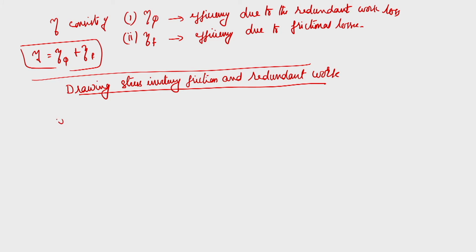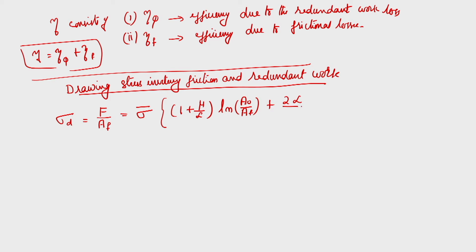One of the expressions which has been widely accepted is by Sieber, where the draw stress sigma d, which is nothing but the total force by the final cross sectional area, is expressed in terms of the mean flow stress in this way. It is equal to 1 plus mu by alpha into log A naught by A f, which is 1 by 1 minus r, plus 2 alpha by 3.